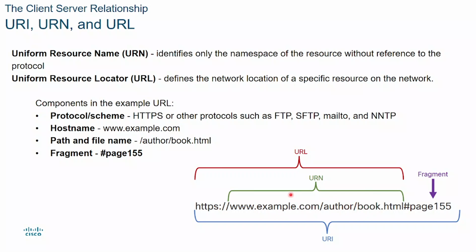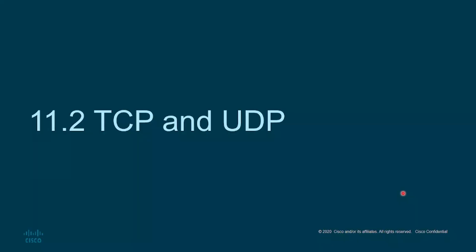Then a fragment is the part of the page. Let's assume you're accessing a PDF online. A fragment can be regarded as the different pages on that PDF on the web.